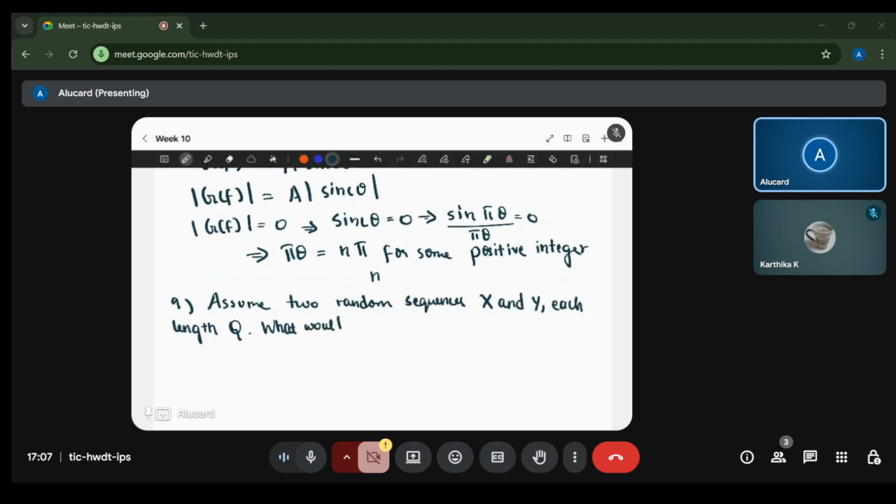What would be the power of interference between these sequences when there is a unit lag?